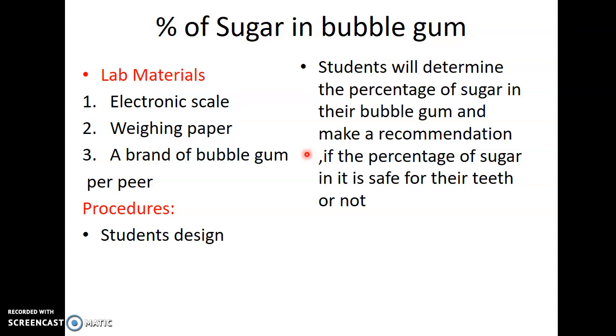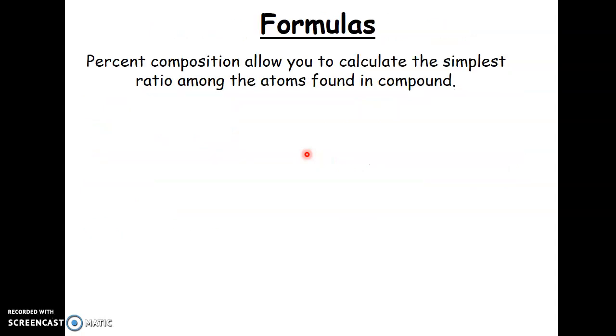They will be given an electronic scale, weighing paper, and a brand of bubblegum individually. Then they will be asked to make a recommendation after the experiment about the percentage of sugar that is safe for their teeth. Of course, we can decide to say, okay, if your sugar content is more than 25%, then the bubblegum is not good for your teeth.